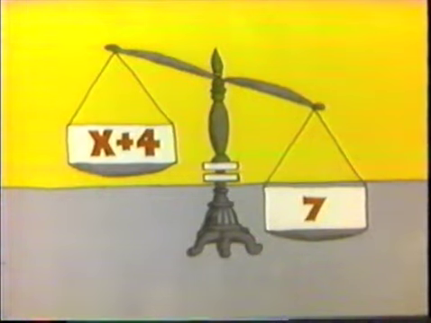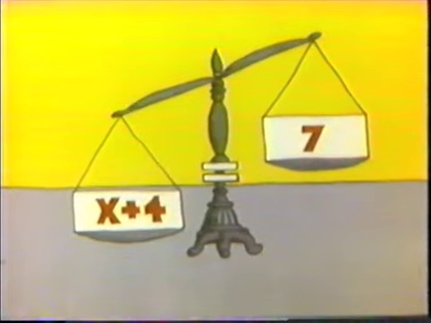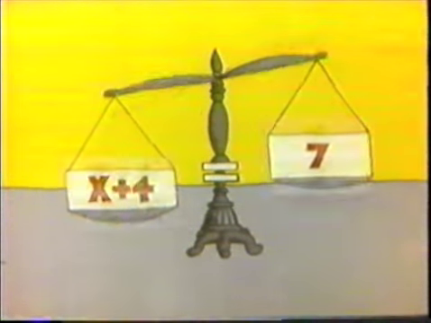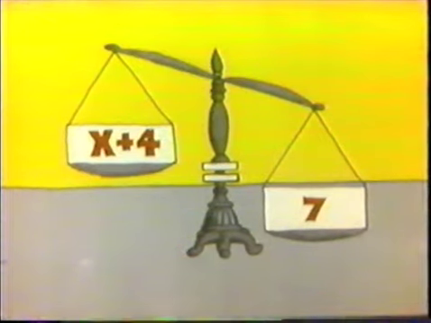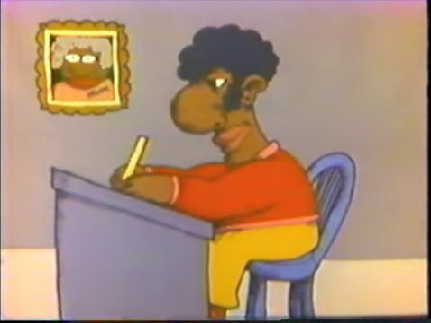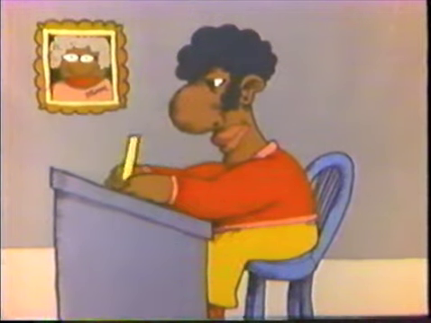Then there are some equations which are true sometimes and false sometimes, depending on what numbers are used to replace the variables in the equation. Equations which are true sometimes and false sometimes are called conditional equations. Most of the equations students work with are conditional, and the student is often asked to solve it.